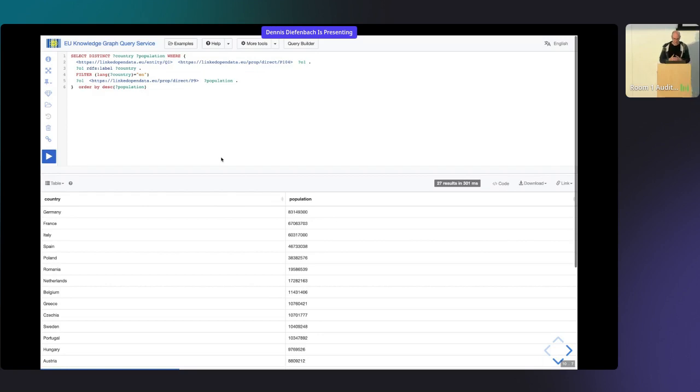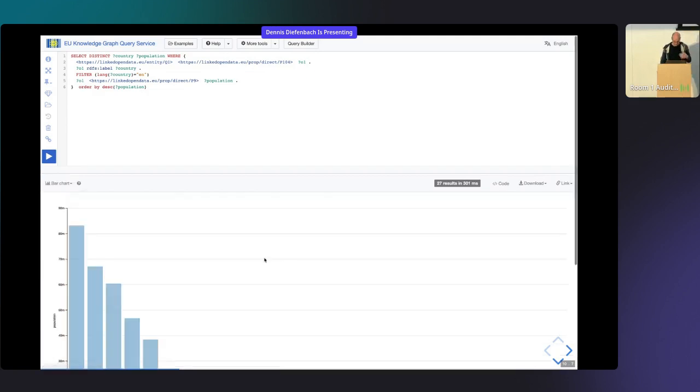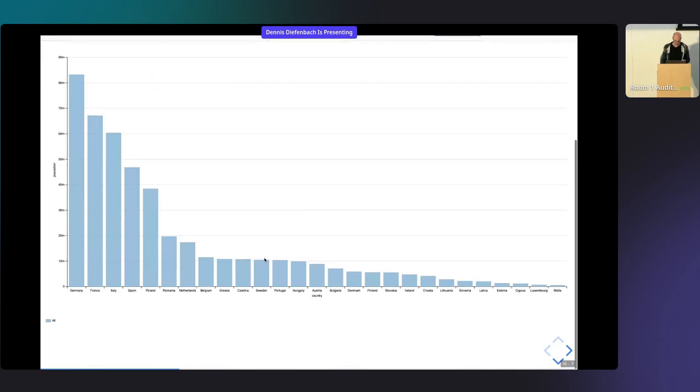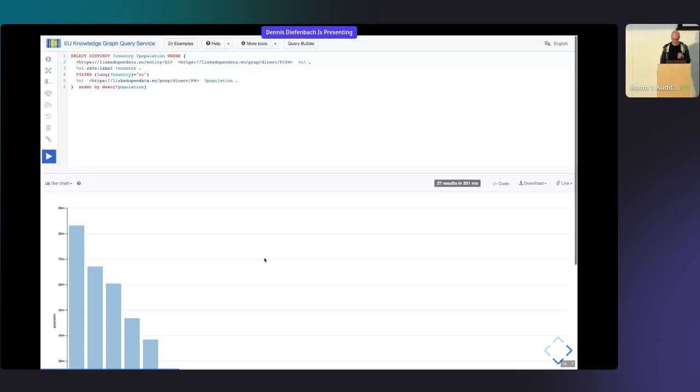Here, for example, we are querying all countries in the European Union with their population, sorted by population. There are also these nice charts that come out of the box, which allow you to render the information.